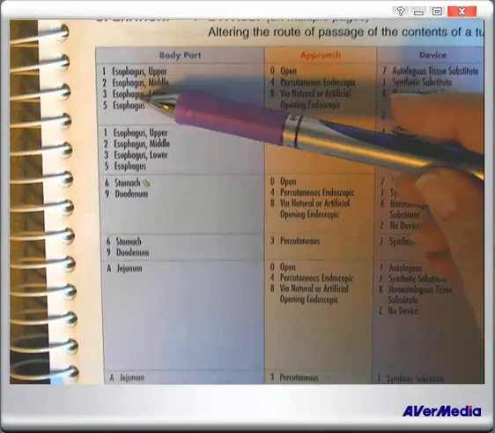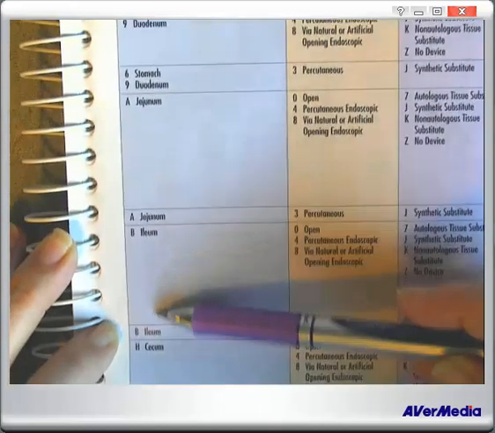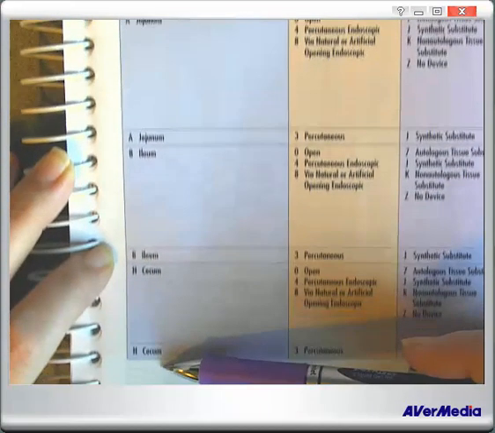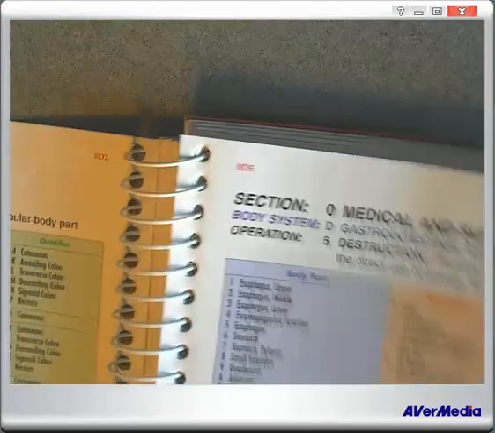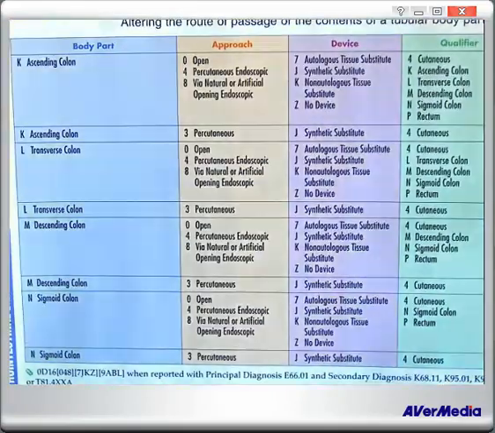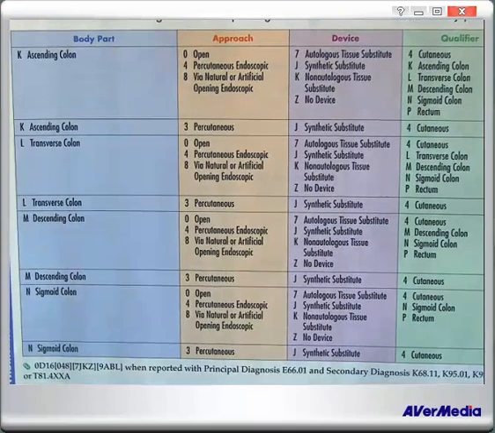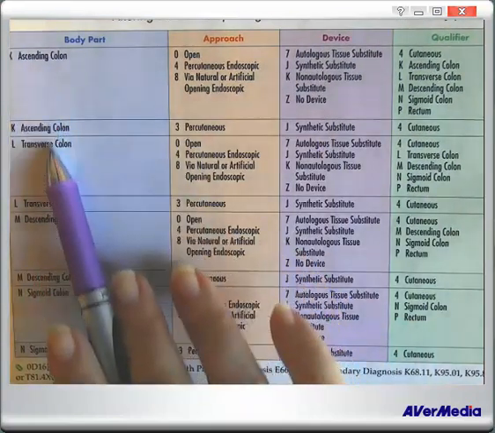Now, it just so happens that the sigmoid colon is not on this page. So let's turn the page, and we will go to bypass continued, and we're going to look again.